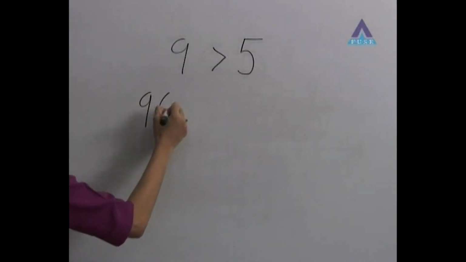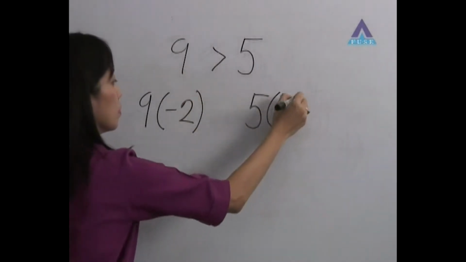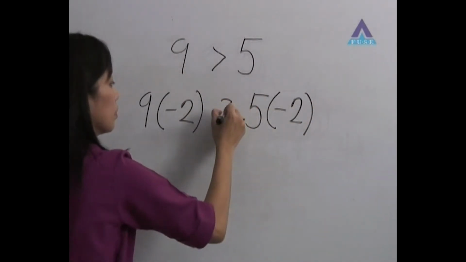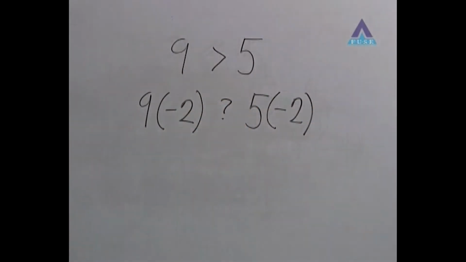Well, we used a positive number to multiply by both sides of the inequality. What if we used a negative number? Okay, let's try negative 2. So what is 9 times negative 2 equal to?